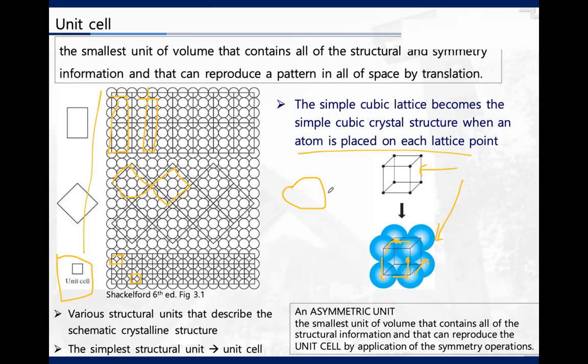For example, if you have something in this shape, it won't have all the types of symmetries, but a cube can have any type of symmetry, and also a sphere. So a cube and spheres give perfectly symmetric configurations.